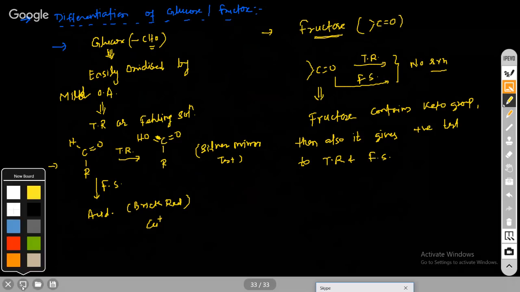Okay, so the reason, you write down next, you can understand by a rearrangement, and that we call the Lobry de Bruyn-Alberda van Ekenstein rearrangement.